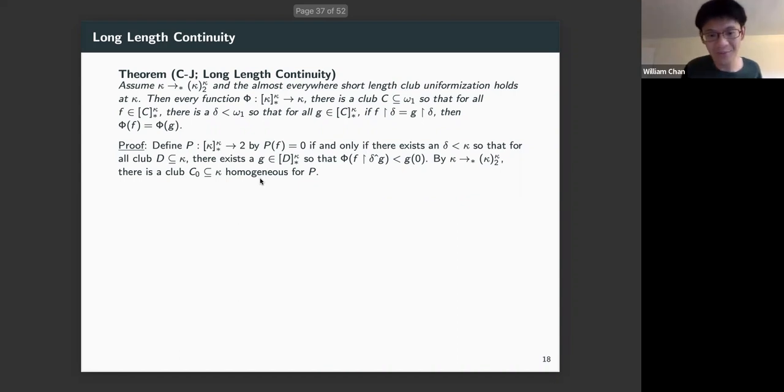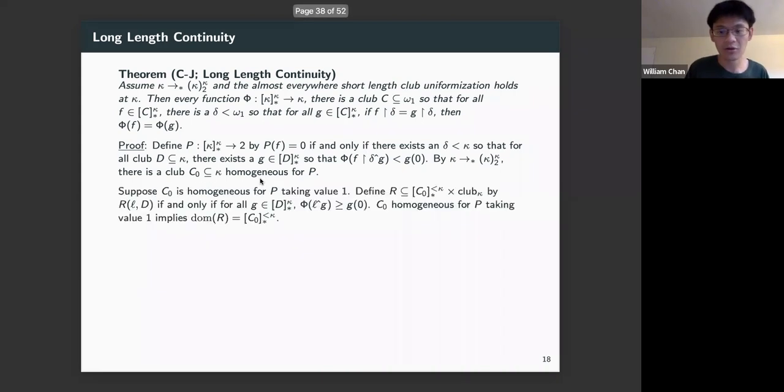So this is a little bit more natural than it seems. Using the strong partition property, there is a homogeneous club C0 for this partition. I want it to be homogeneous for the 0 side. So suppose it didn't happen to be homogeneous for the wrong side.